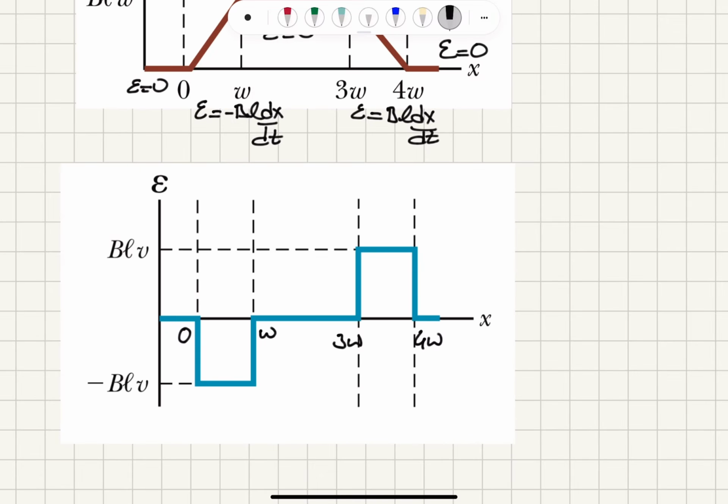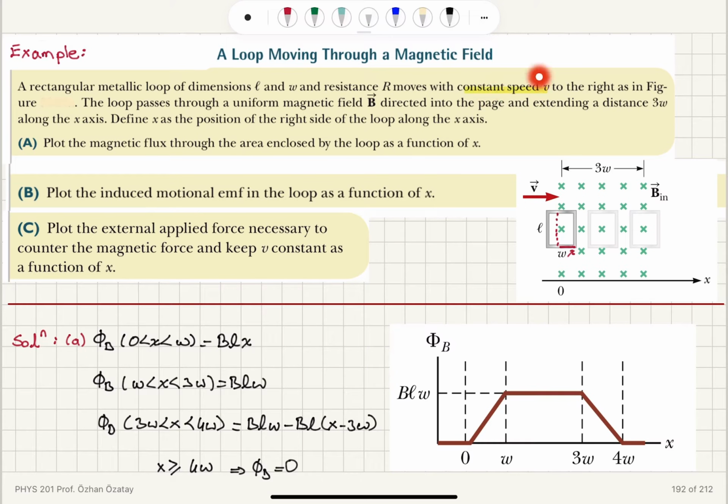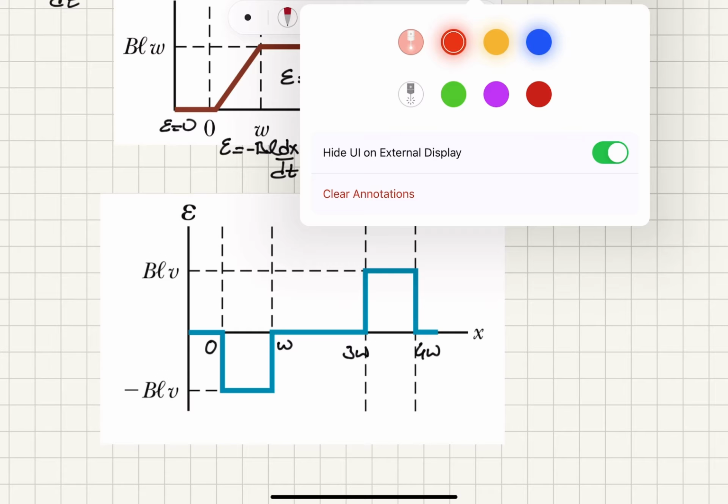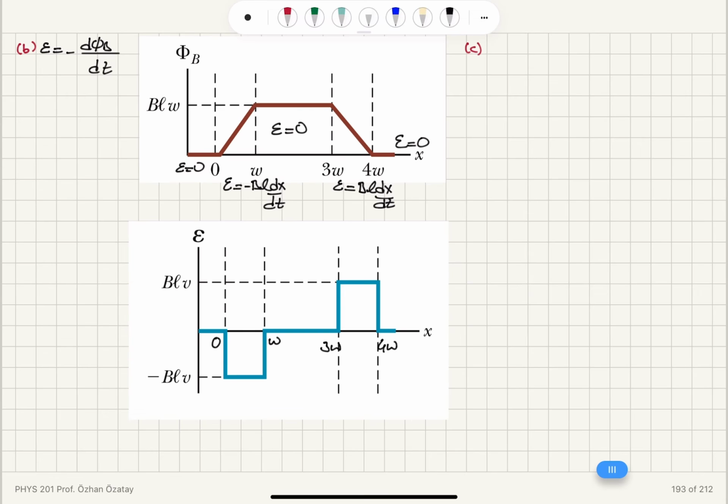So dx dt is v, because it's moving with constant speed v. We will have 0 induced EMF for x between minus infinity to 0. 0 to W we have minus BL dx dt, minus BLv. W to 3W is 0, 3W to 4W is plus BL dx dt, plus BLv, and then afterwards it's 0 again. So that's the answer to part B.